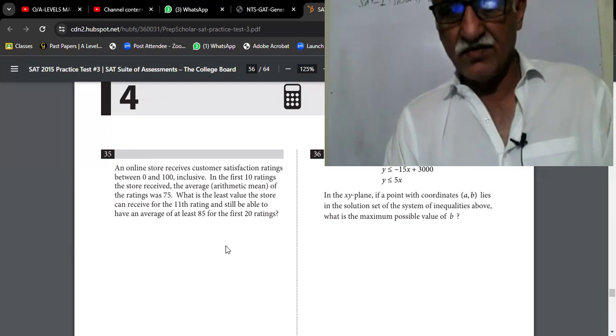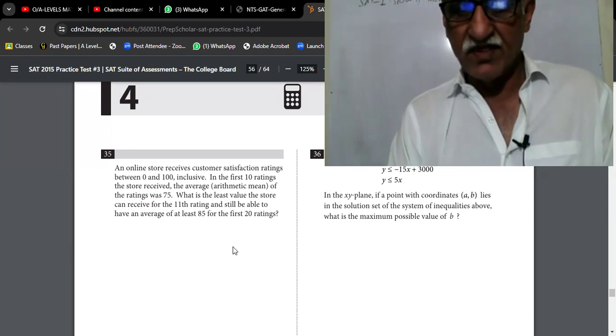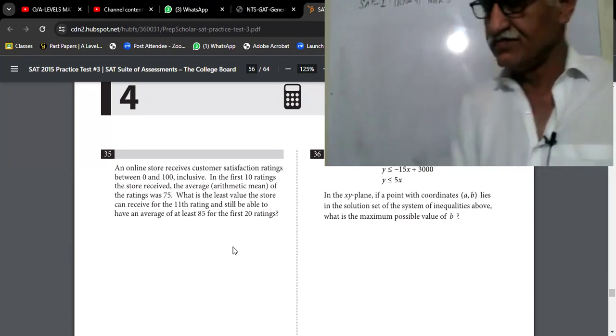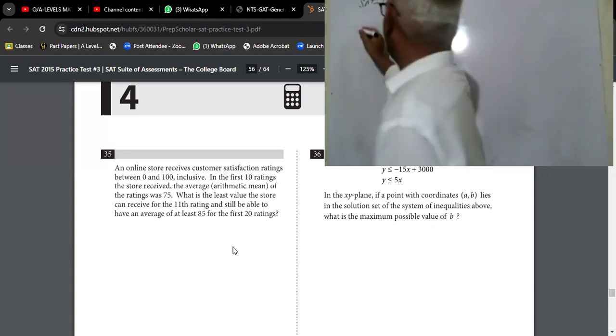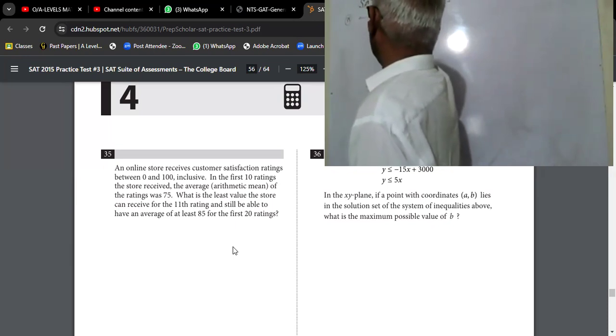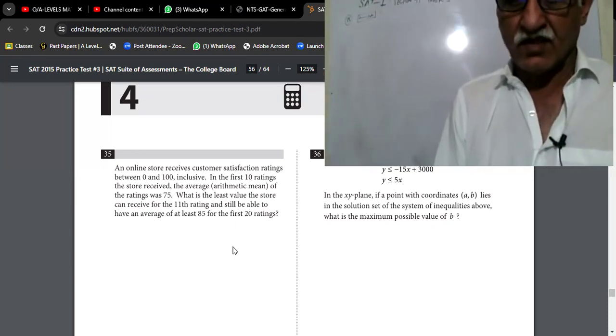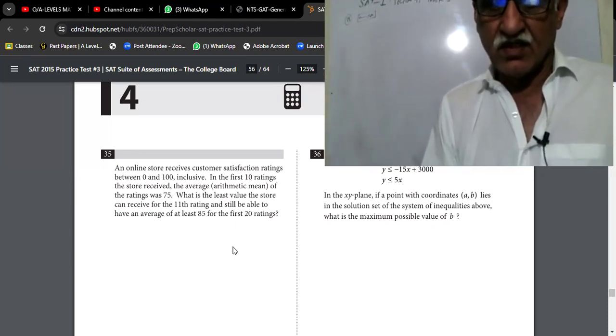An online store receives a customer satisfaction rating between 0 to 100, so 0 to 100 is the rating, inclusive.